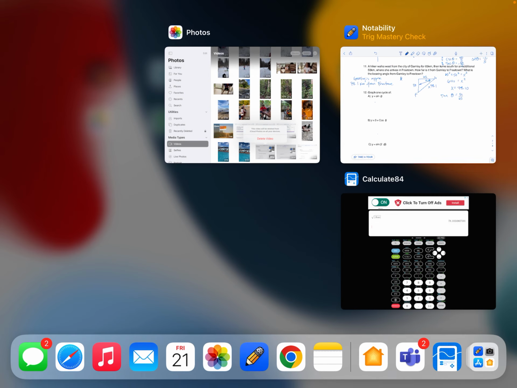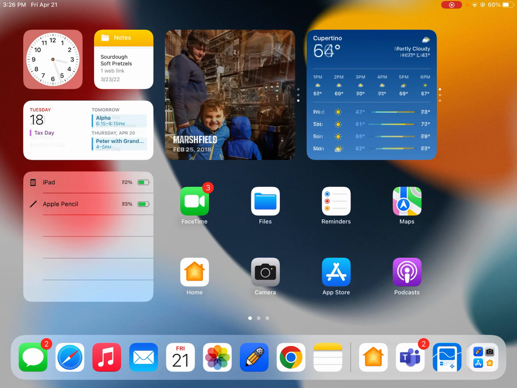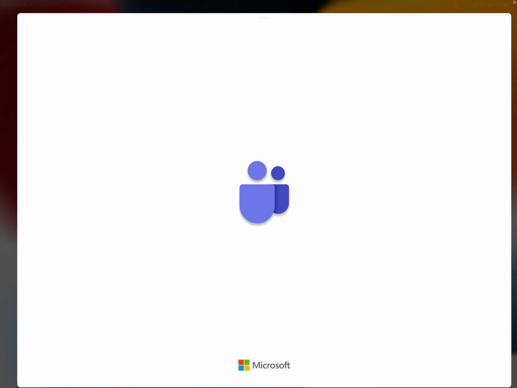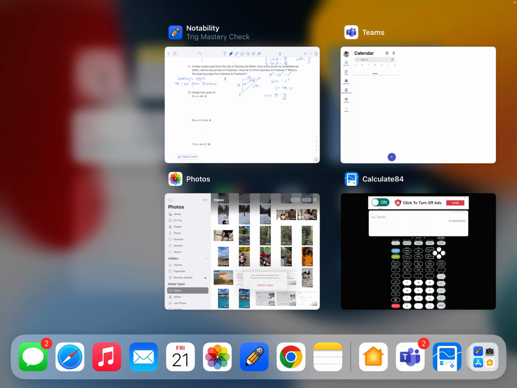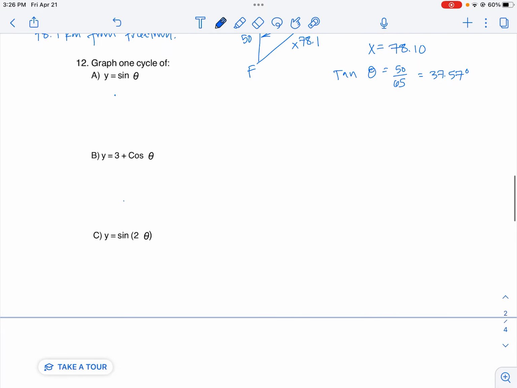So if I go back to the calculator and do second tangent, 50 over 65, that is going to give me 37.57 degrees.